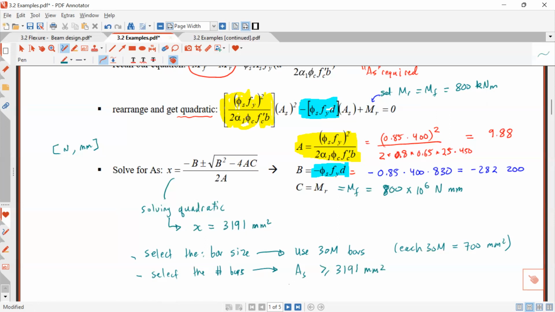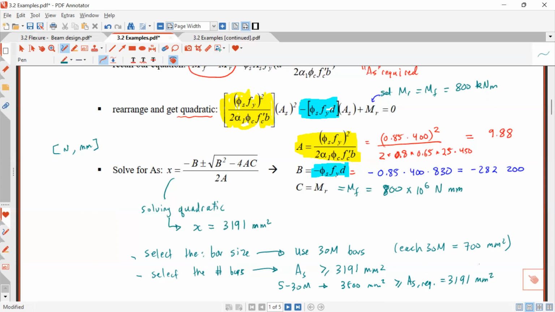So how many bars should I use? Is 4 30Ms okay? What do I need here? I need 5 30Ms exactly. So use 5 30M. That gives me 3,500 millimeters squared, which is bigger than AS required, which was 3,191 millimeters squared.